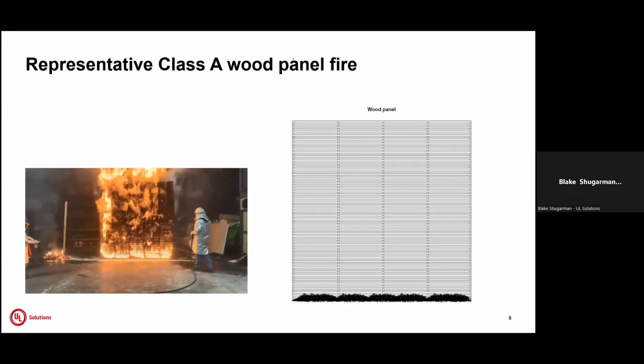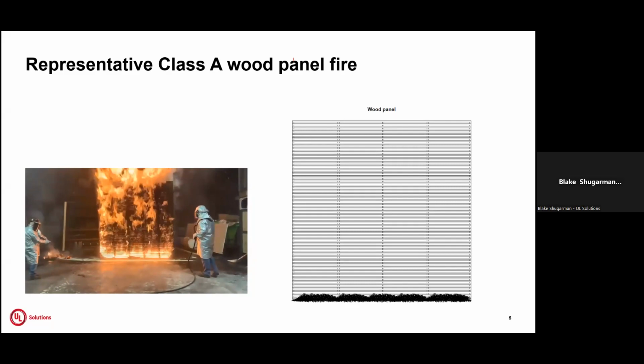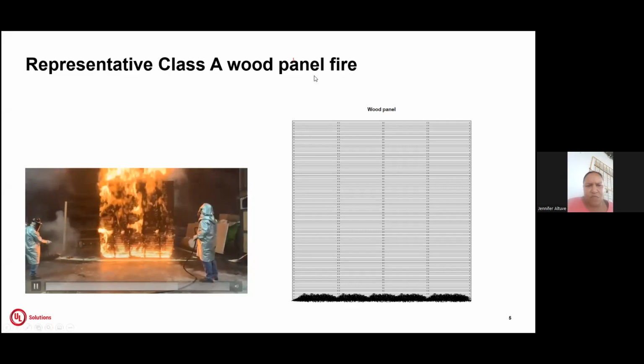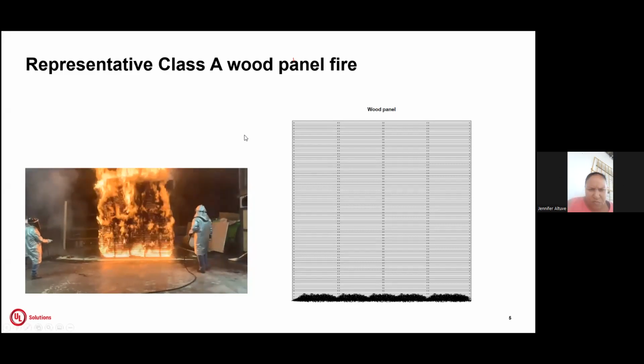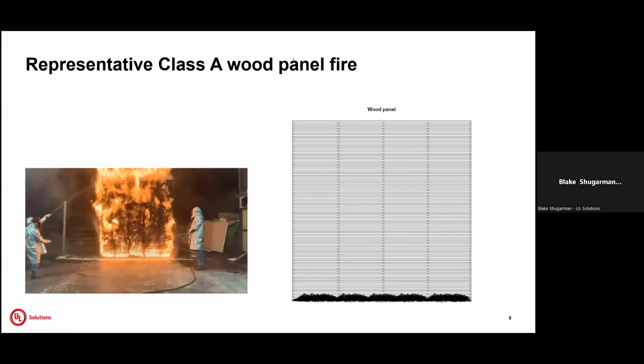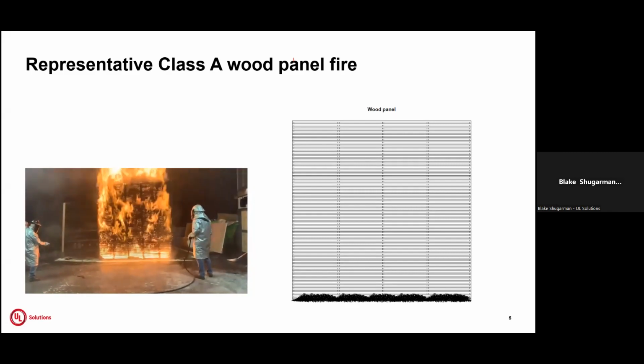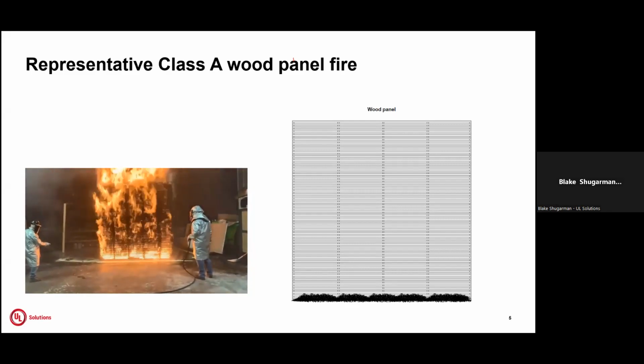Off to the left, we see the firefighter coming into screen assessing the fire to determine his point of attack.